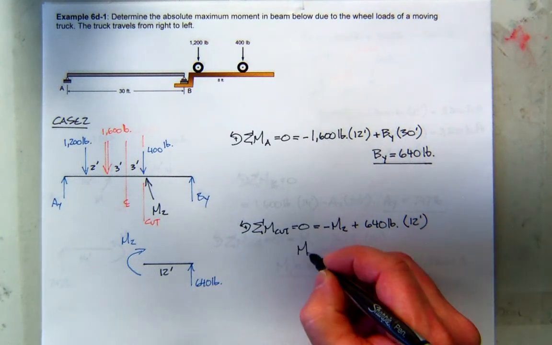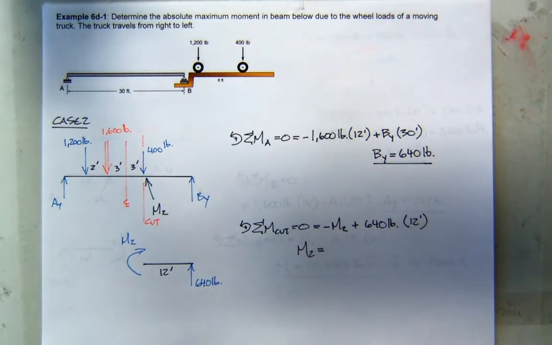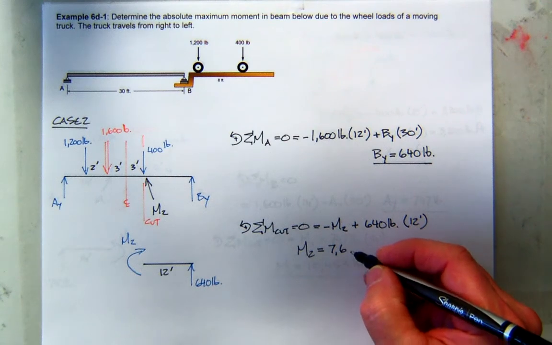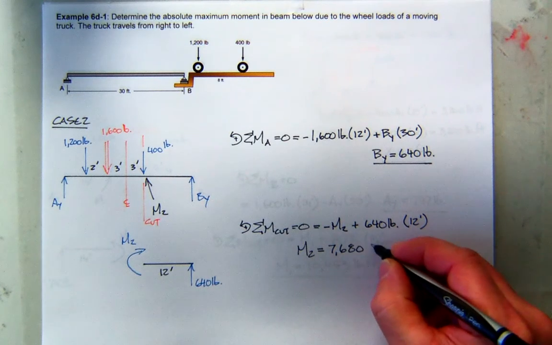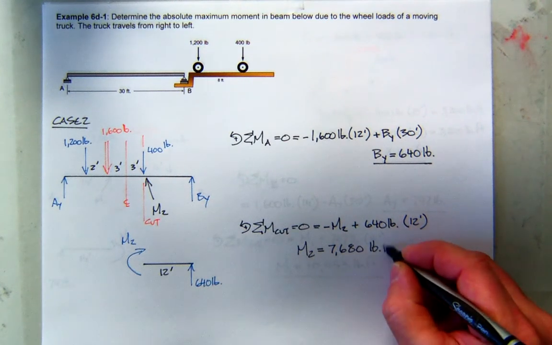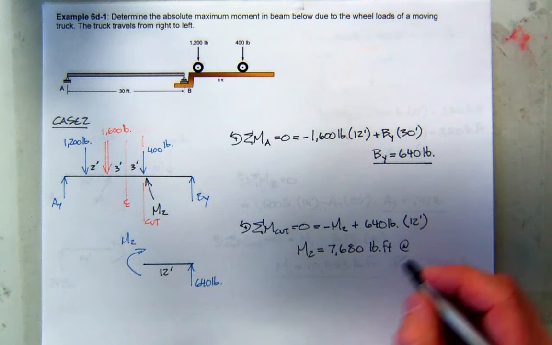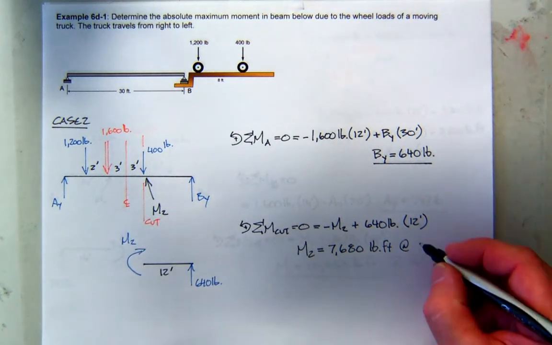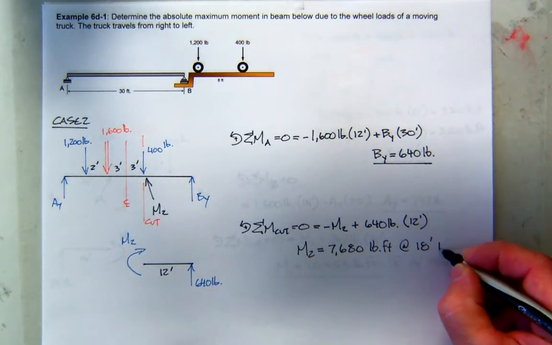So what is the moment at 2? 680? So that'll be pound feet. And that's at, from A, that would be 15 and 3. That'd be 18 feet from A.